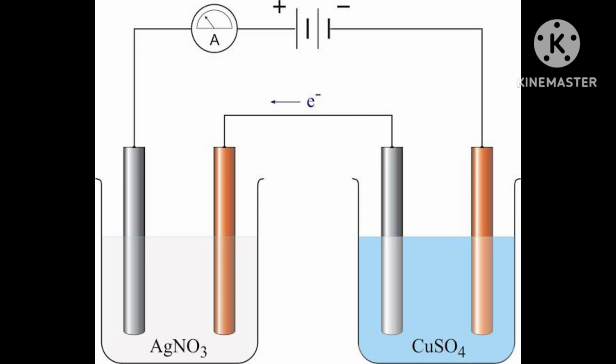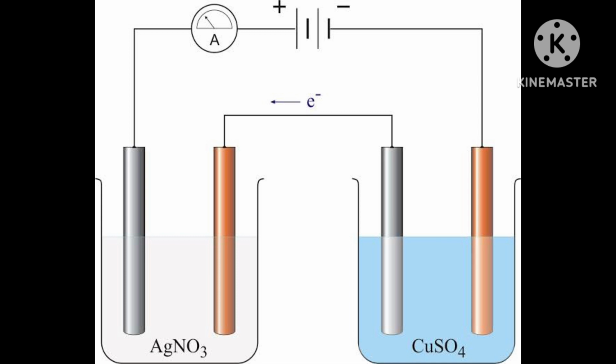Roughly you can consider 96,487 as 1 lakh. Then 50,000 coulomb is roughly half, exactly 0.518 Faraday per second.